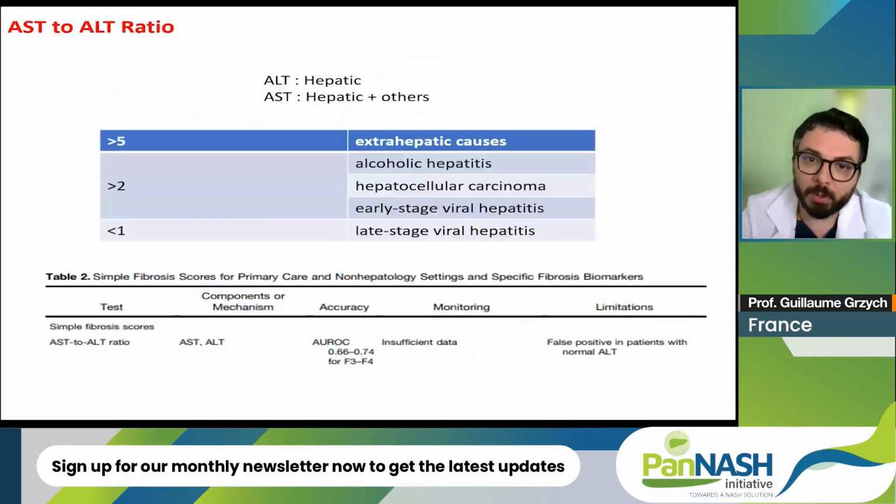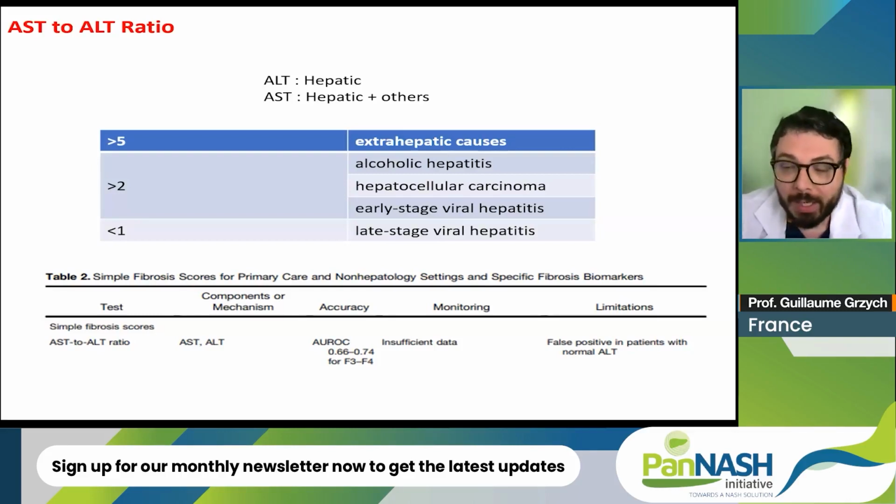So the first potential combination of markers that could be used is the AST-to-ALT ratio. These are two transaminases that can be used in liver disease. You have to remember that these two transaminases are not specific to liver disease. ALT is more specific to the liver than AST. For example, AST could increase in case of hemolysis.